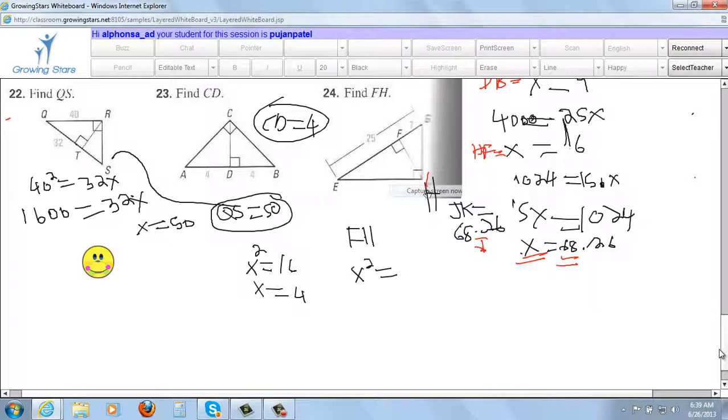Very good. 18 times 7, the square root of 126 is 11. So x equals roughly 11.2.